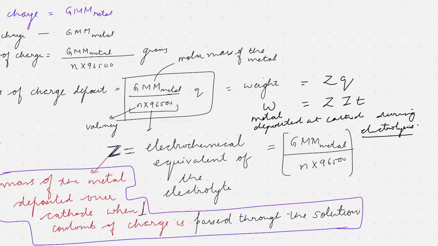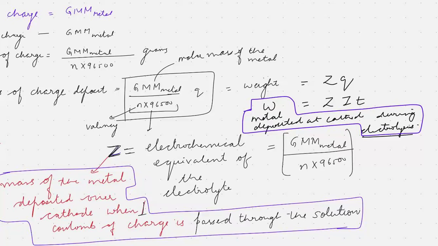So W here is going to be equal to ZIT. Understood? Any doubts in this?